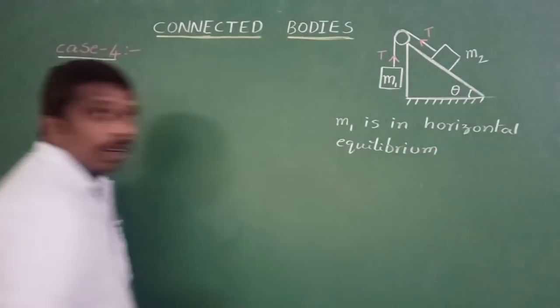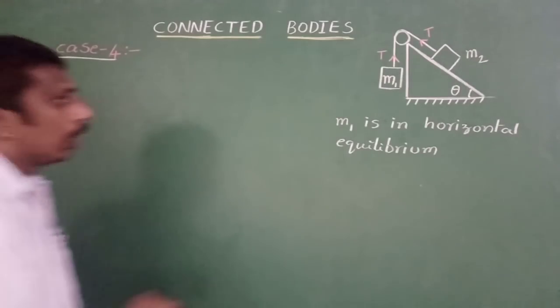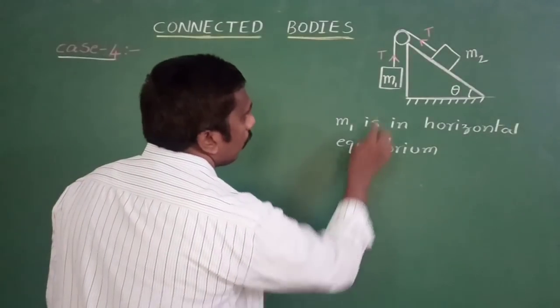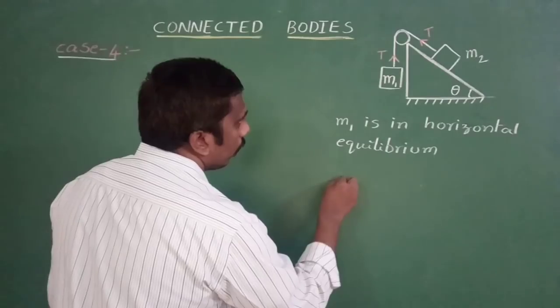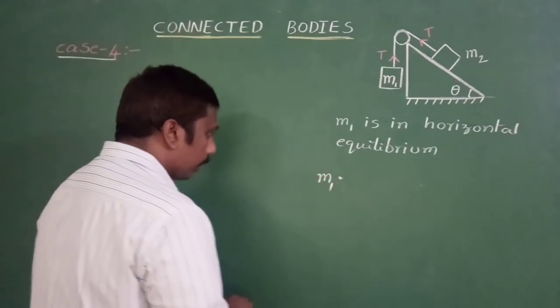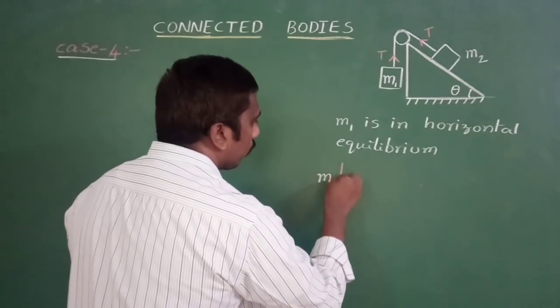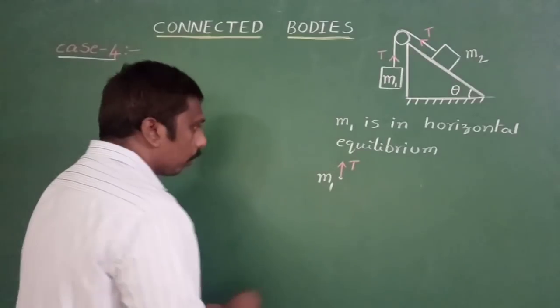That means on M1, forces are acting only along the vertical direction. If you take the free body diagram of M1, on M1 tension T is acting in the upward direction, its weight M1G is acting downward.